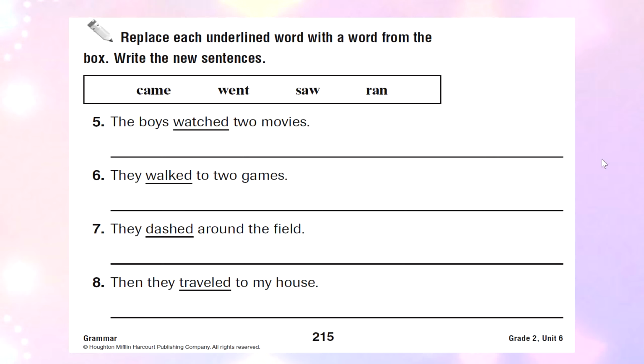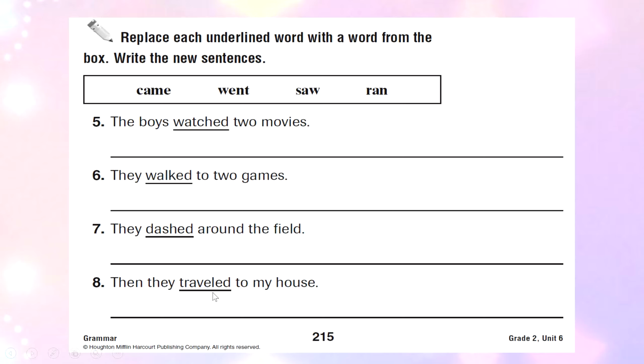The second part, replace each underlined word with a word from the box. Write the new sentences. So we have an underlined verb that has a similar meaning here. Okay, so we gotta replace each verb with a similar verb from here.